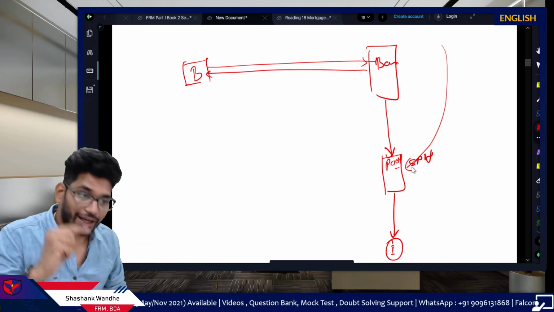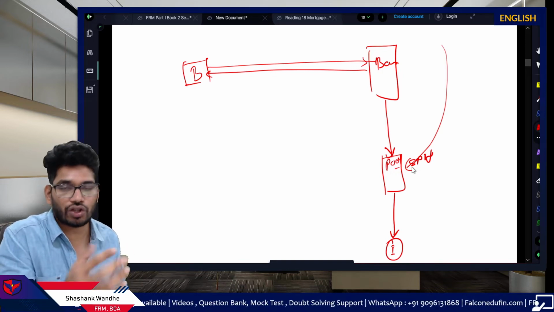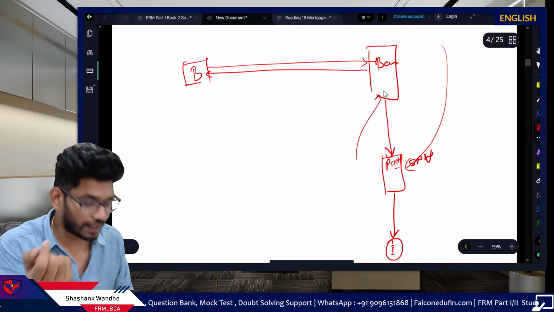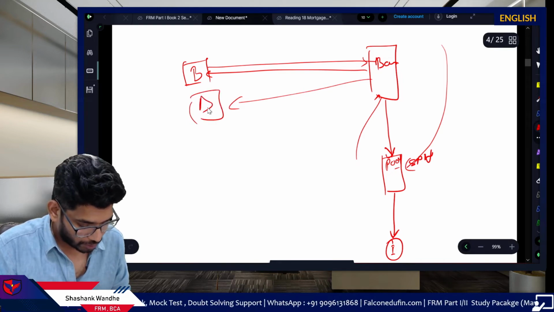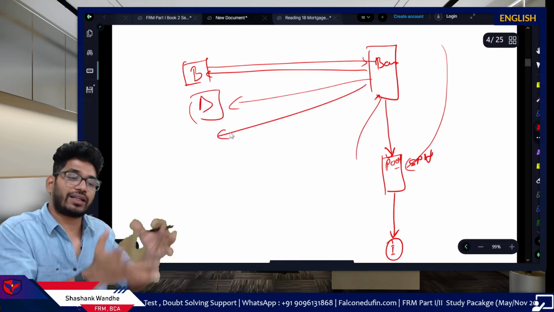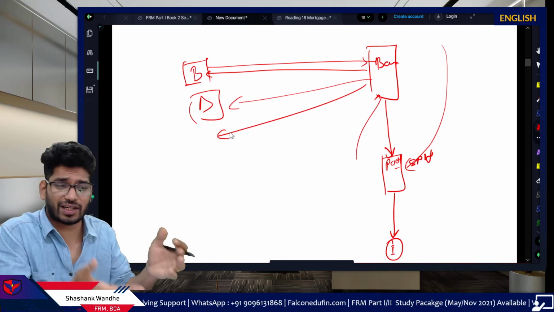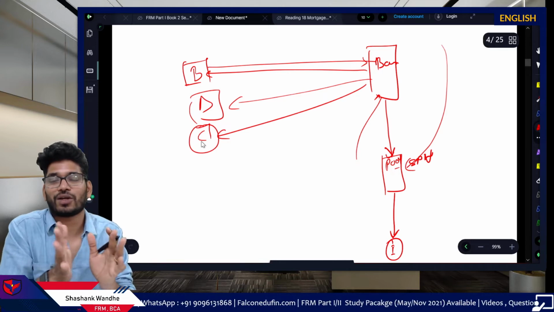If investors are more interested in this structure, the securitization or buying the MBS, then automatically the bank will get more funds to provide loans, and then the bank will create the next pool, and again investors will buy the securities, and then again the bank will provide the next loan, and so on. This is not happening on an individual basis.